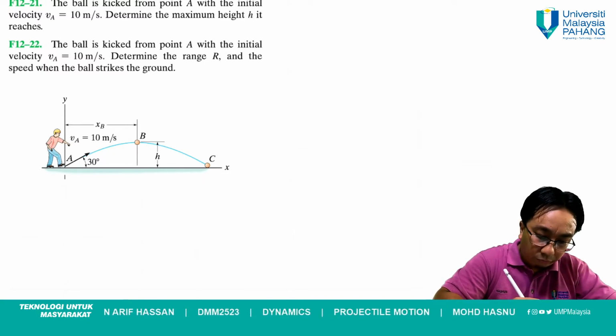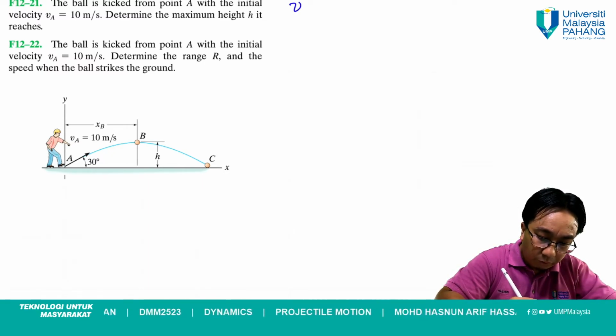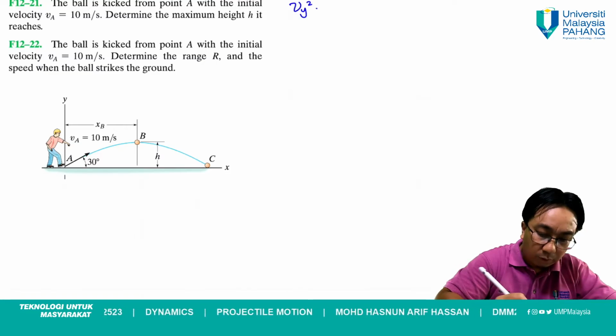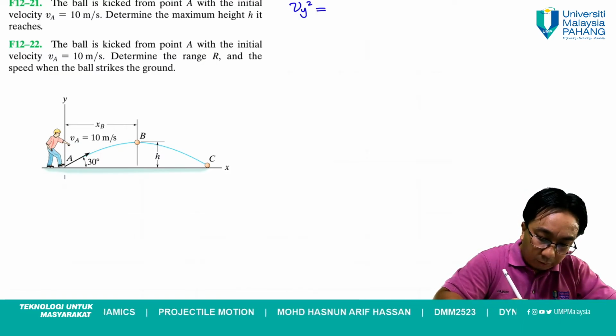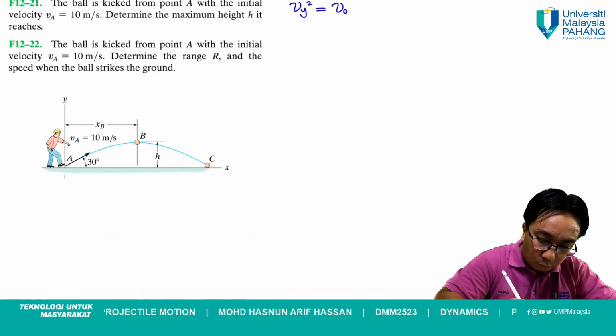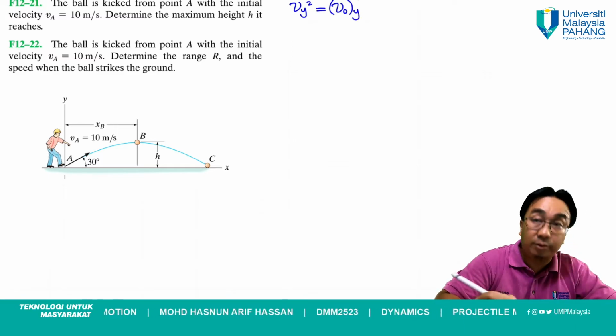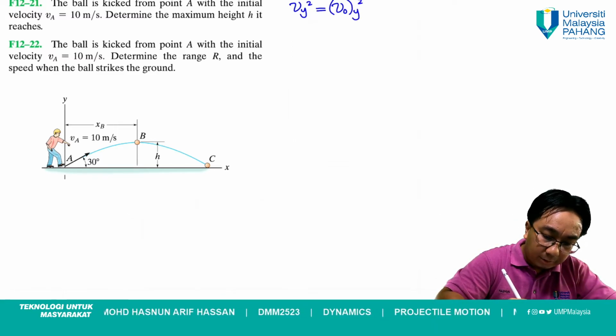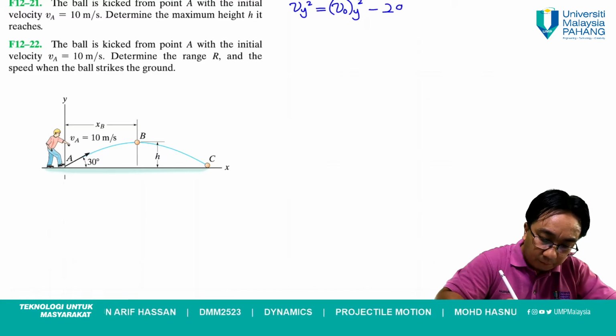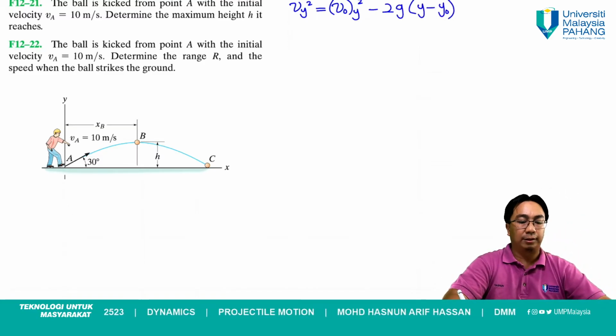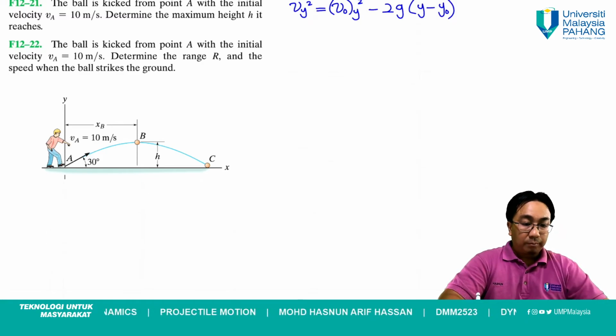Kita ada Vy square is equal to V0Y square minus 2 times G and then Y minus Y0. Okay, ni equation kita.